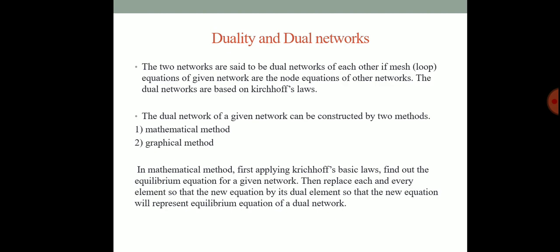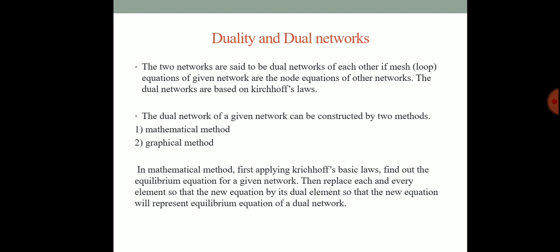And then the graphical method. First we identify the independent loops in the given network. Next, place a non-zero node inside each independent loop, and then place a zero potential node, that is, a datum node, outside the given network.